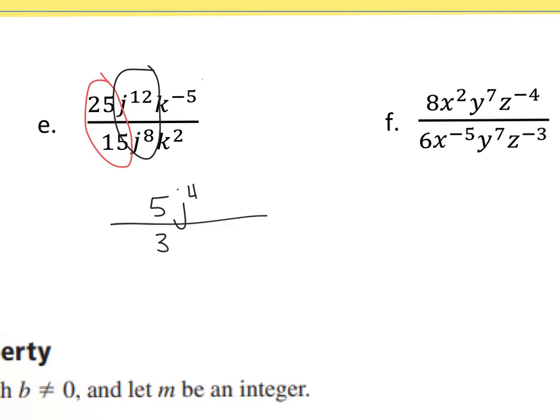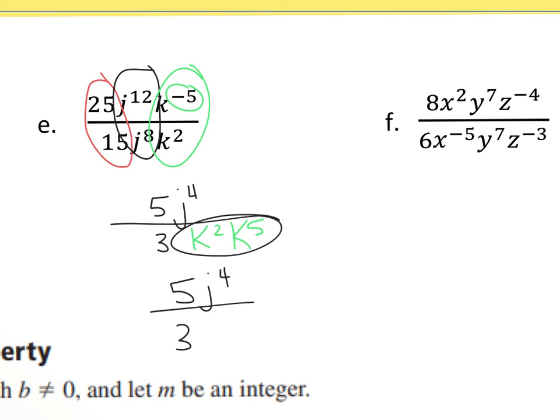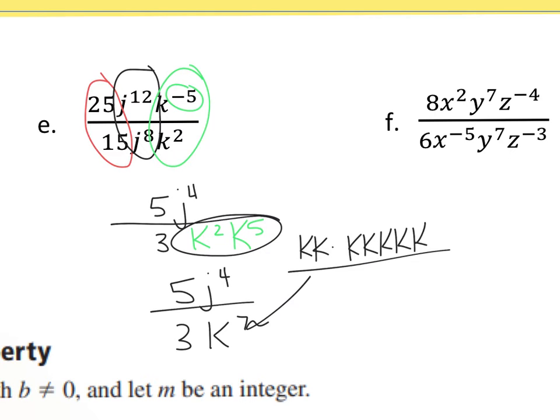And the k's, I'm going to write as a positive exponent, so it's going to go k squared stays and k to the 5th, because this was a negative exponent. So now I can simplify this as 5j to the 4th over 3. k squared times k to the 5th is k to the 7th, because you add the exponents. Because this is k times k, 1, 2, 3, 4, 5. That's k to the 7th.